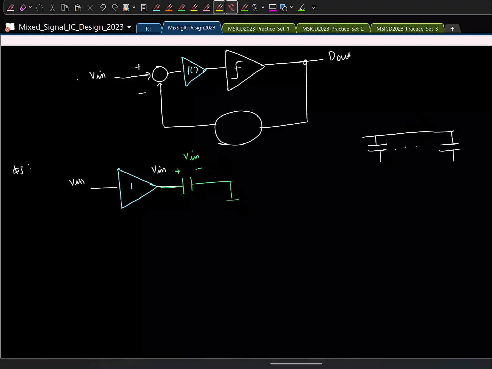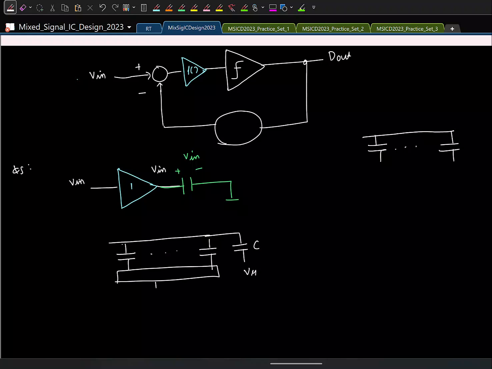So in the sampling phase we do this, and when we are actually doing the conversion, we have the capacitive array like this. One capacitor is always connected to Vref and the others are connected to Vref or ground.